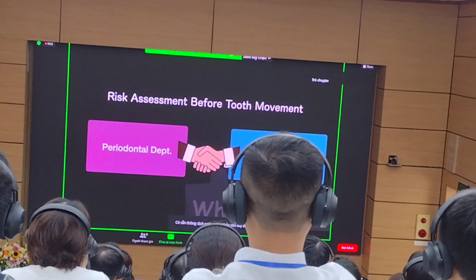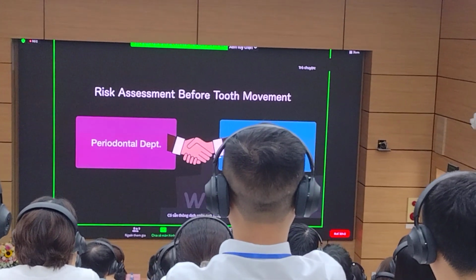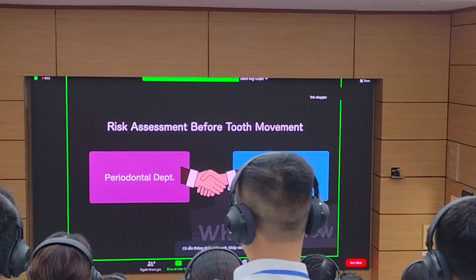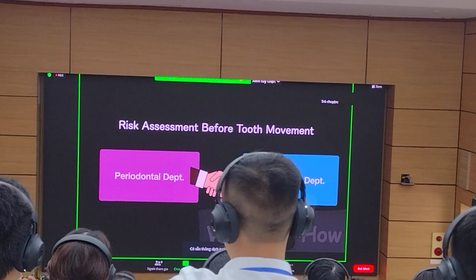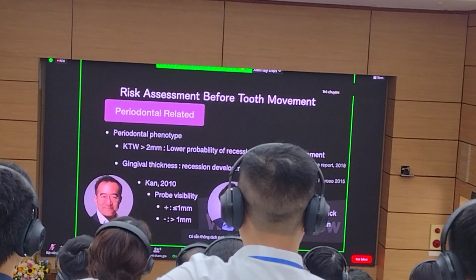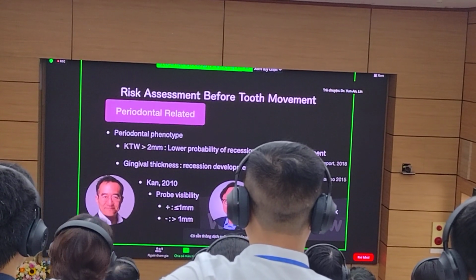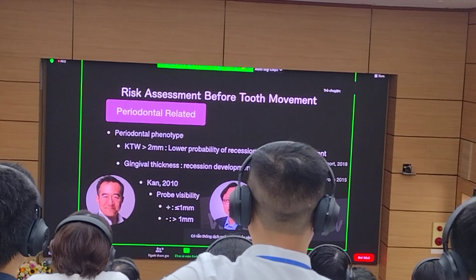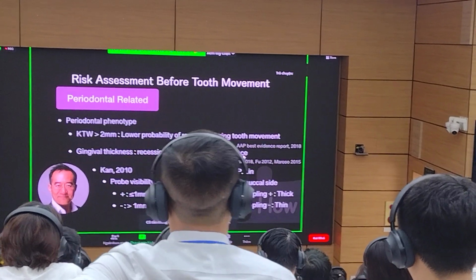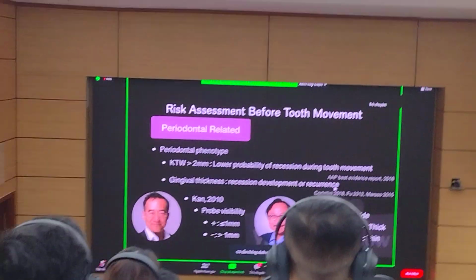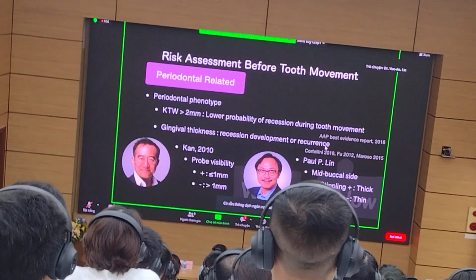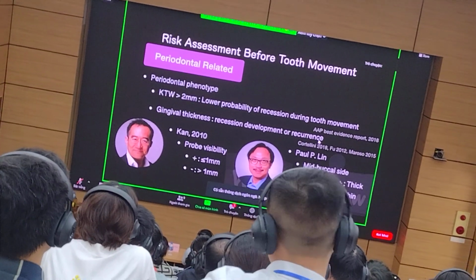About the timing and how to perform phenotype modification, it depends on the cooperation between periodontist and orthodontist. The periodontal-related risk assessment before tooth movement includes the width of keratinized tissue and the gingival thickness. If the width of keratinized tissue is less than 2 mm, it will have high risk of recession during or after the orthodontic treatment.